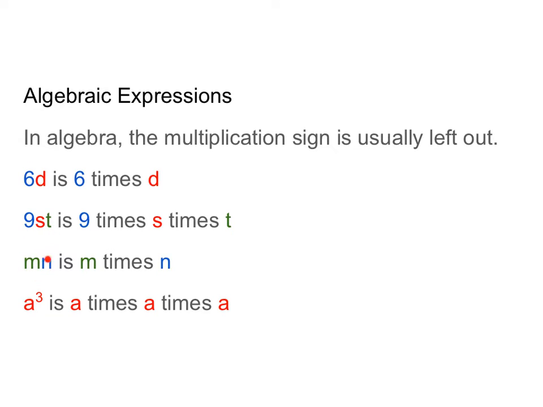And if it has just two variables like mn, this just means m times n. And a cubed, remember, with exponents, this is an exponent. It's raised to the third power, we call it, and this is a times a times a. We have a 3 times.